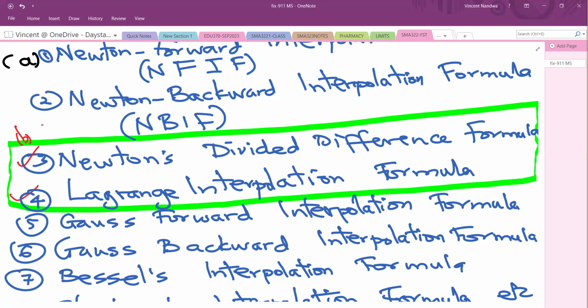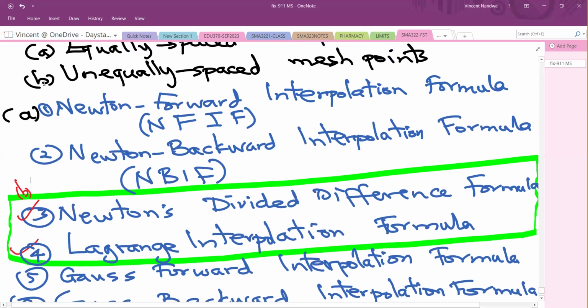So we will not discuss all these different methods that we have listed, 1 to 9, but we'll majorly concentrate on the Newton forward interpolation formula, Newton backward interpolation formula, and Lagrange interpolation formula. That does not mean that the rest of the formulas will not be tested.